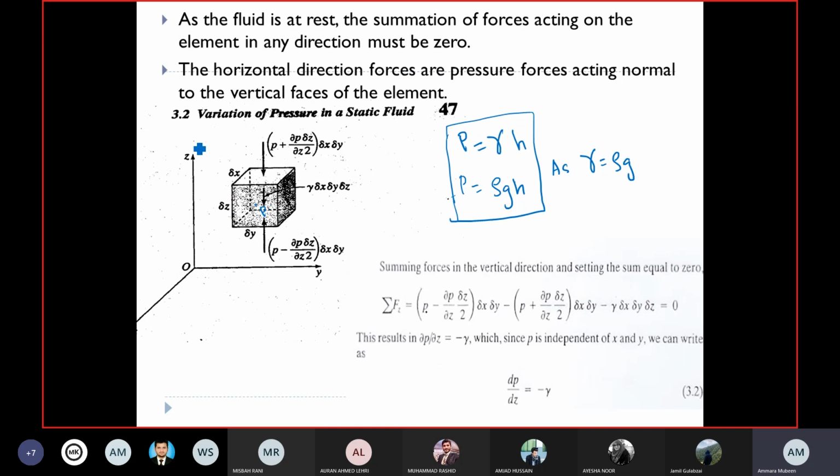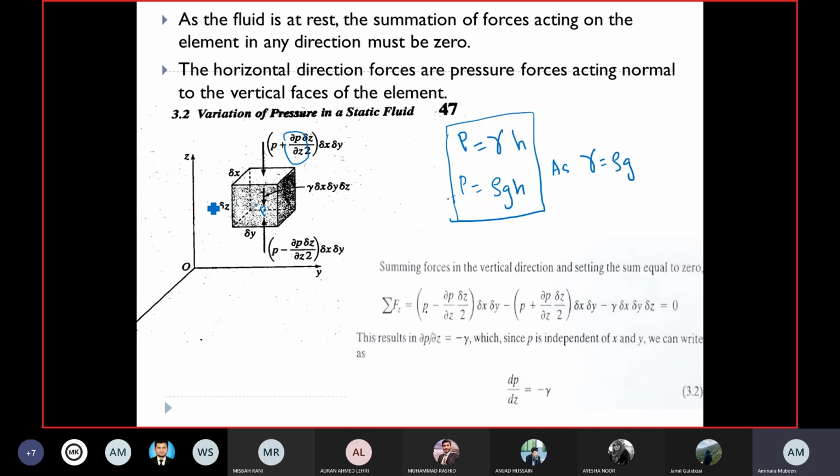Since we are considering the z-axis only right now, and we have to find the surface forces, which is the pressure force on the surface of this cubical element. So using the convention that pressure increases with increase in distance in the z-axis, P plus the pressure gradient, the rate of change of pressure in the z-axis, multiplied by delta Z by 2.